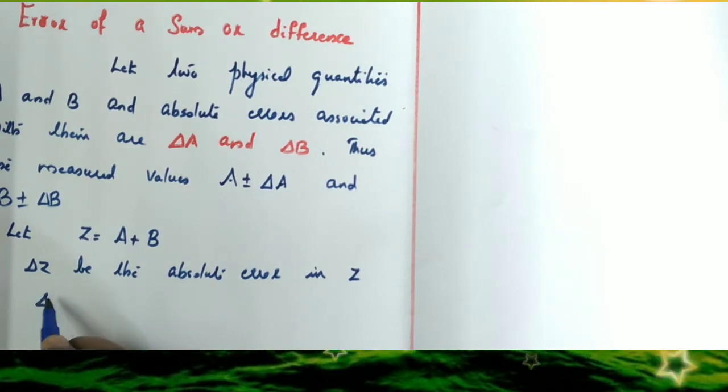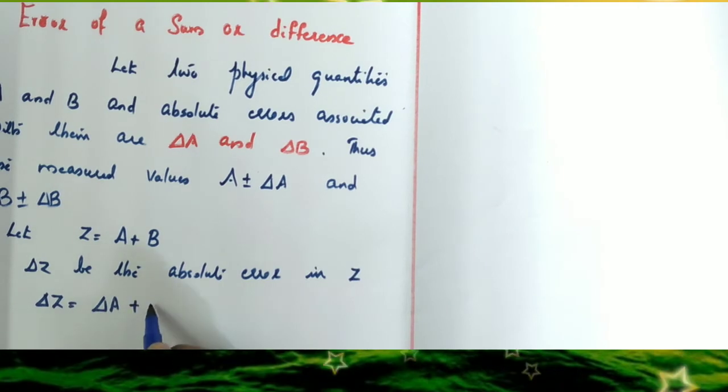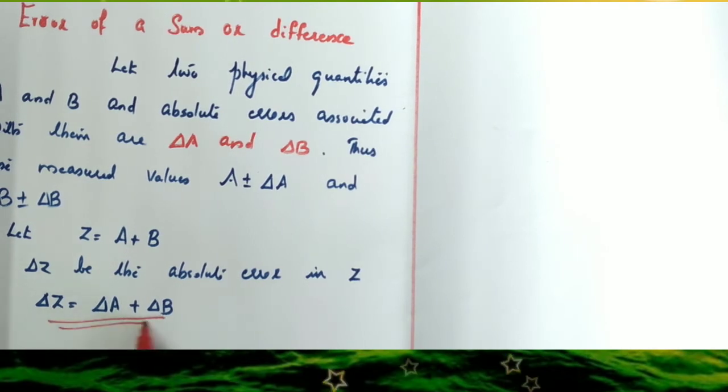Absolute error in Z, delta Z, is equal to delta A plus delta B. This is the error of a sum.